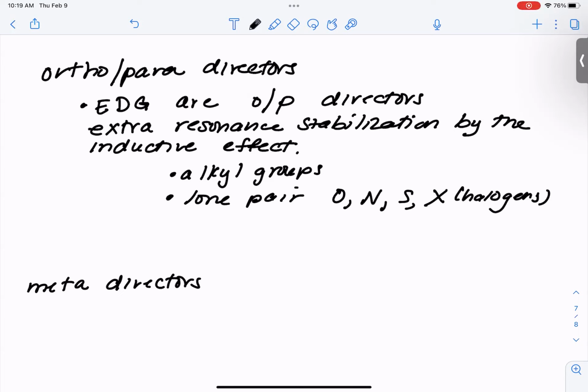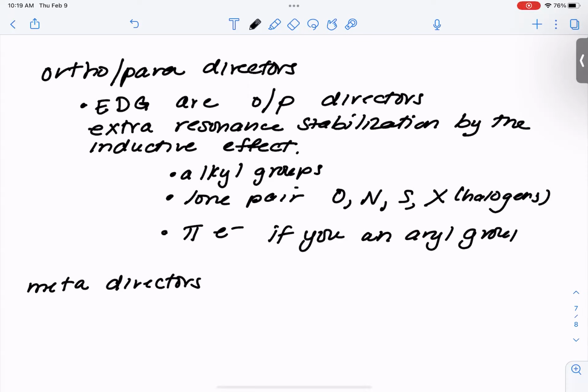The other one that I want to add is your pi electrons. So if you have another aryl group, and I'll show you an example.